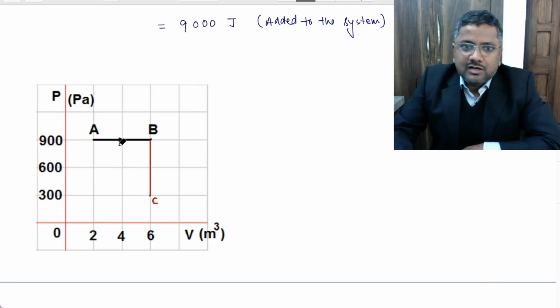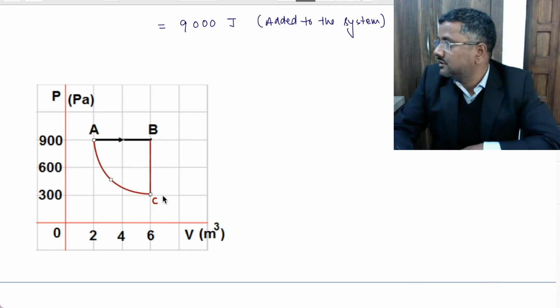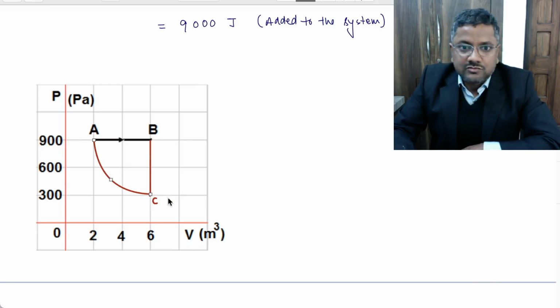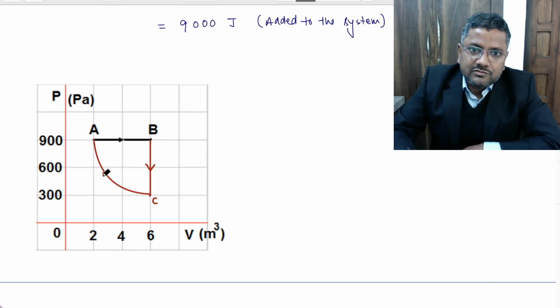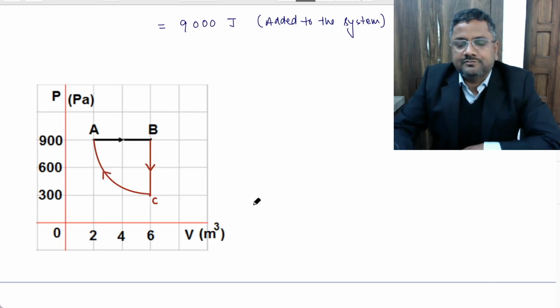All of you know that the path of an isothermal is like this, right? This is the isothermal path, and it will be curved. An isothermal path is always curved, not straight. So now the cycle is complete.